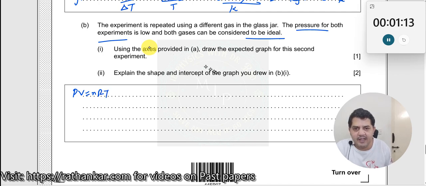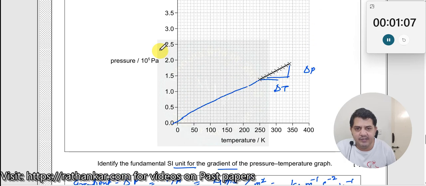Using the axes provided in A, draw the expected graph for the second experiment. It says pressure is lower. So what we need to do is, let me go here. If pressure has to be lower, let me take up one more point. Now there are two things that have been given here. One is ideal gas. So if this is an ideal gas, it starts from the origin. If you extrapolate this backwards, it starts from the origin.